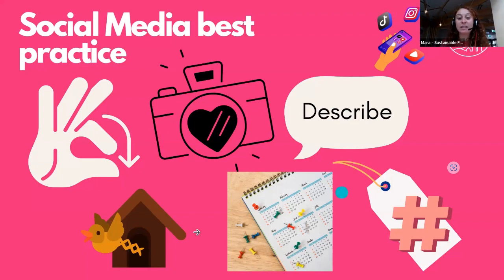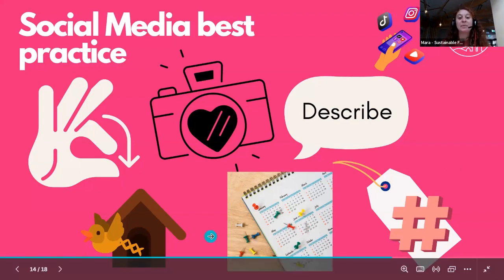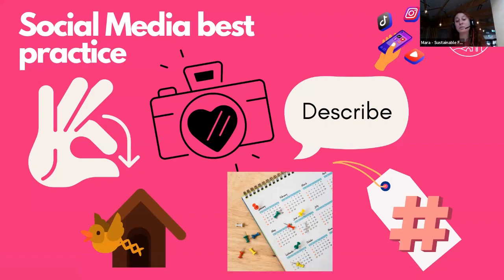Again, keep it regular. Think about your strategy. Do you have the capacity to post once a week? Do you have the capacity to post more than that? But just make sure that there's a regularity to what you're doing, because it also gives out the message that things are happening on the ground, especially if we're looking at external funders, and people want to know that what you're doing is consistent and you're active.